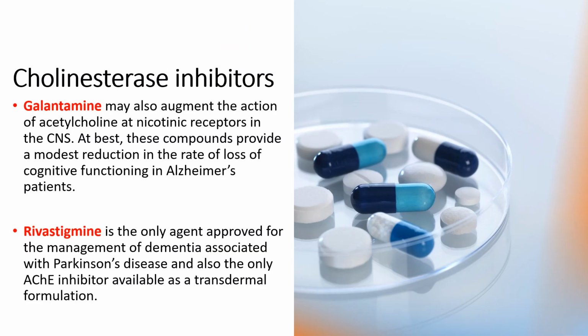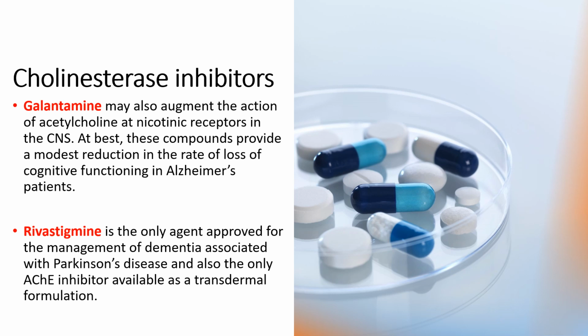Other cholinesterase inhibitors include galantamine, that also augments the action of acetylcholine by inhibiting this enzyme at nicotinic receptors, and it causes the reduction of rate of loss of cognitive function in the diseased patients.